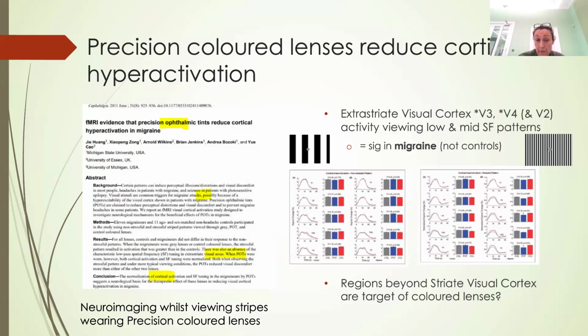This is specifically in people with migraine, and the reduction seems to be actually outside of the primary visual cortex. So there seems to be evidence that discomfort is related to excess energy being used on taking in uncomfortable images, and that this can be dampened by using precision coloured tinted lenses.